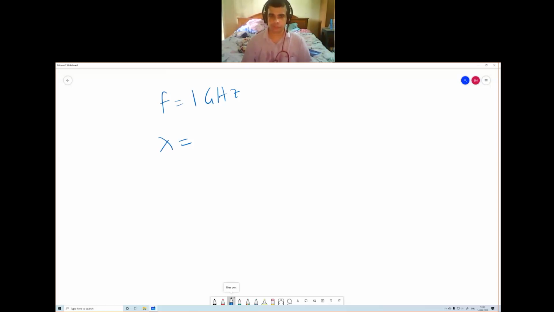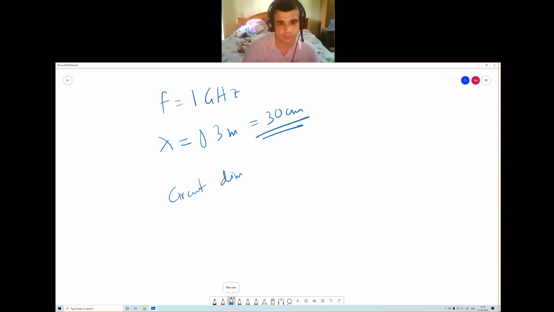Lambda is 0.3 meters, that is 30 centimeters. But the circuit dimension was 60 centimeters. So now lambda is no longer much larger compared to the circuit dimension.